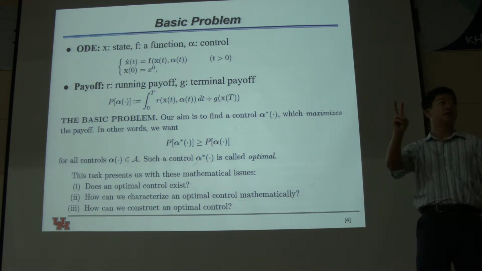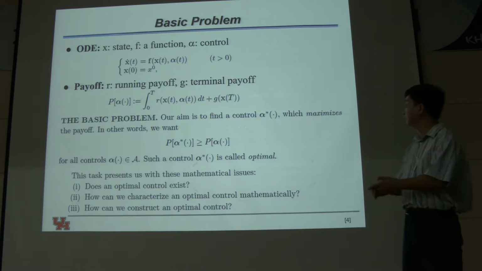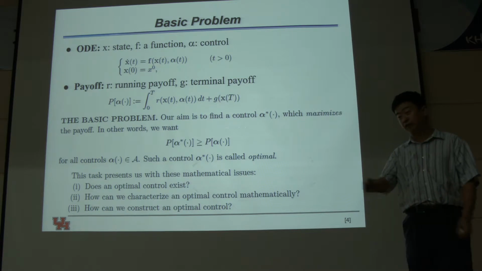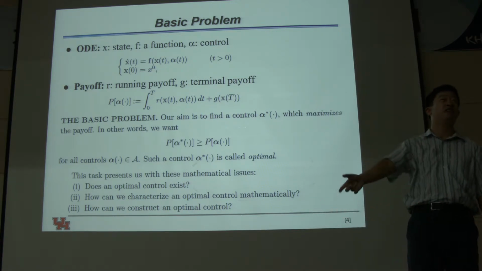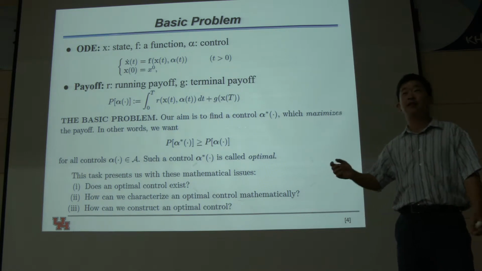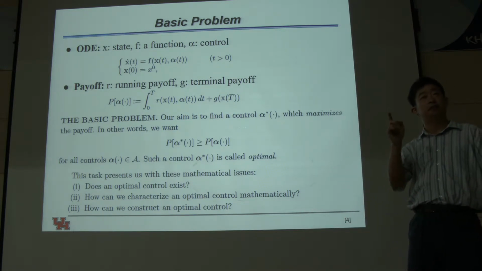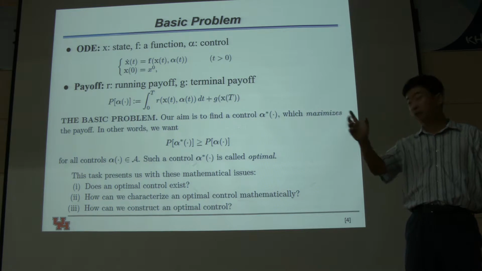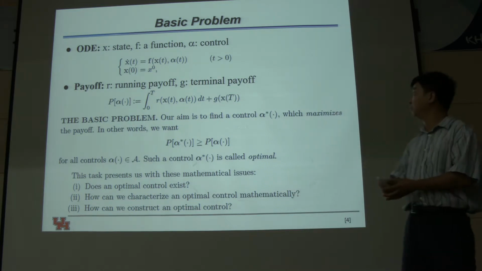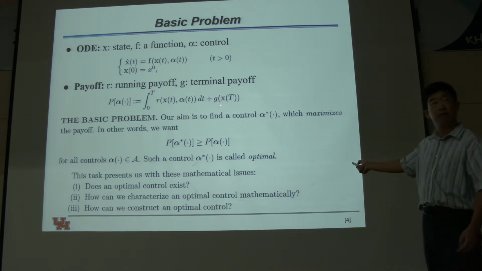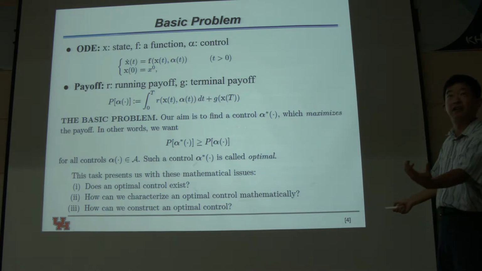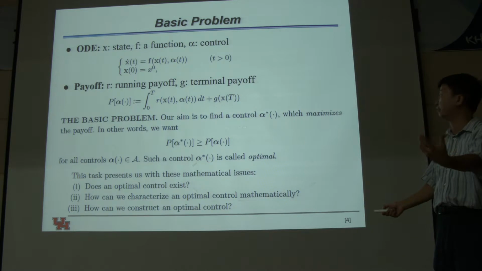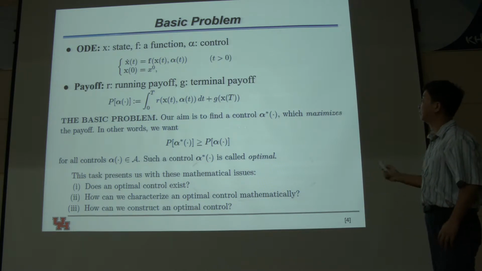There are two conditions for the final cost: first, it should reach the ground, and second, when it reaches the ground, the speed is 0 so that it can stand there. So at the final time T, the rocket should be standing there.